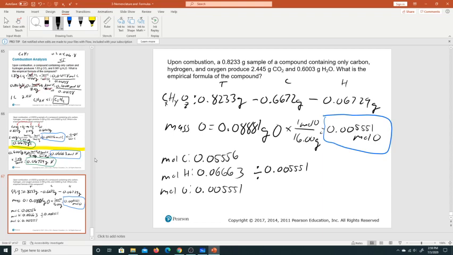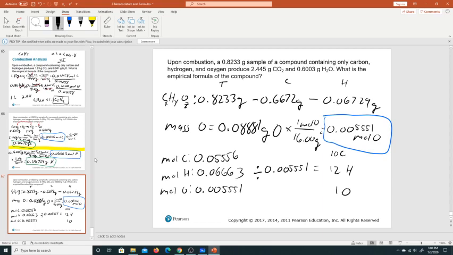0.005551 divided by itself is 1, so it's 1 O. 0.06663 divided by 0.005551 gives us 12 H's. We'll repeat the same thing for C. 0.05556 divided by 0.005551 gives us 10 carbons.